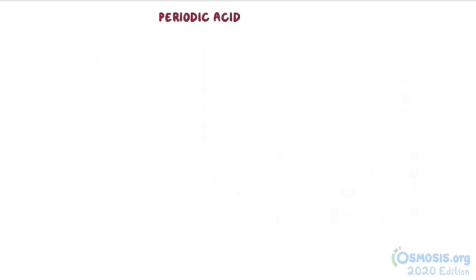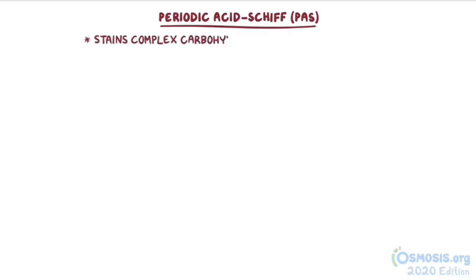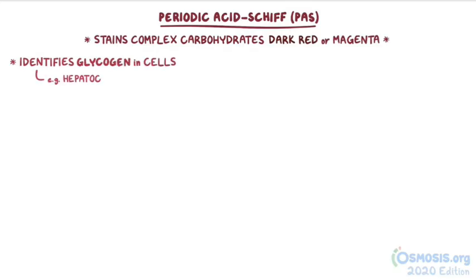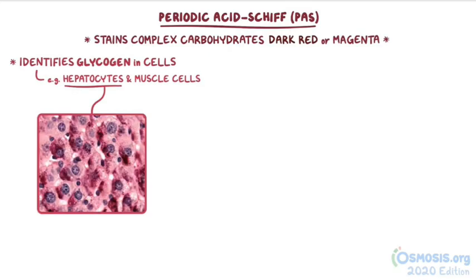The periodic acid Schiff, or PAS stain, is also commonly used. It stains complex carbohydrates dark red or magenta, making it useful for identifying glycogen in cells, such as hepatocytes and muscle cells. In this image of hepatocytes, the tissue was stained with PAS, and also counterstained with hematoxylin.